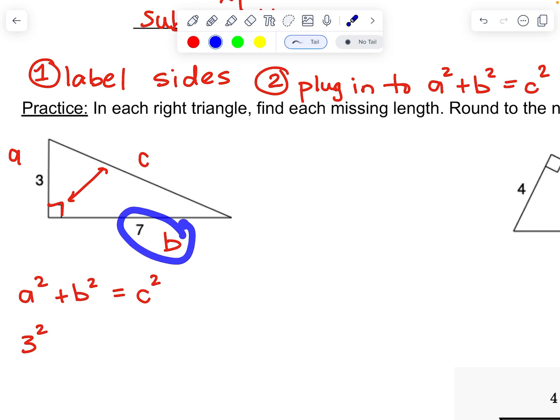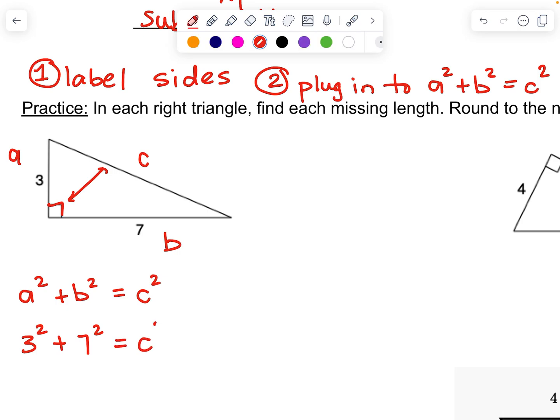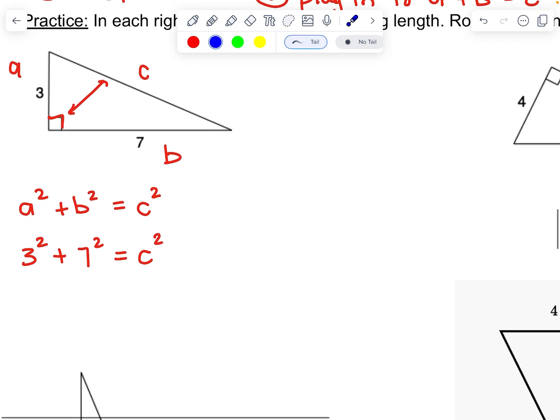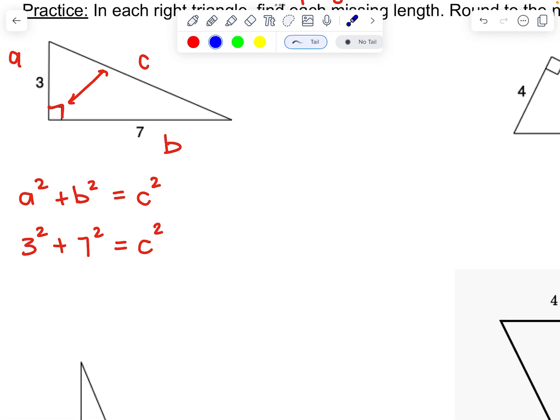My B is 7, so replace this B here with 7. Okay? I'm just plugging the values that I have into my equation. And I don't know what C is yet. I'm going to figure it out. But right now I don't know what C is, so I'm going to leave C as is.